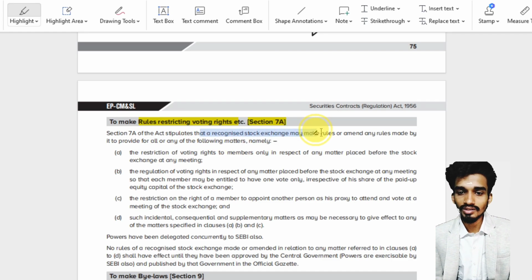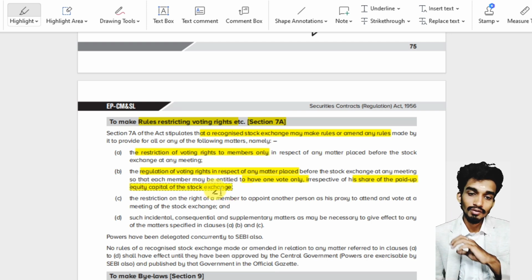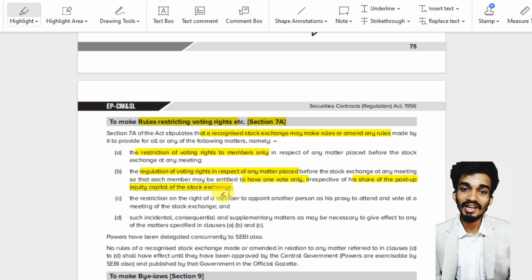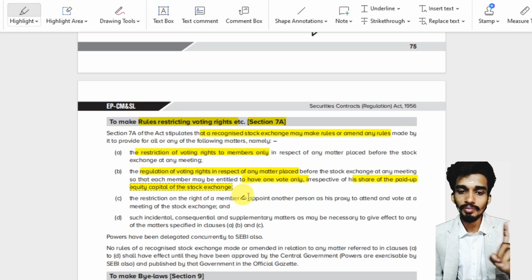A recognized stock exchange may make rules or amend any rules. They can change the rules for the purpose of restriction of voting rights to any members, regulation of voting rights. So entities have one vote only, irrespective of how many shares they hold. Even if you're holding 100% or 80% or 90% of the shares, you will be entitled to only one vote: one person, one vote.